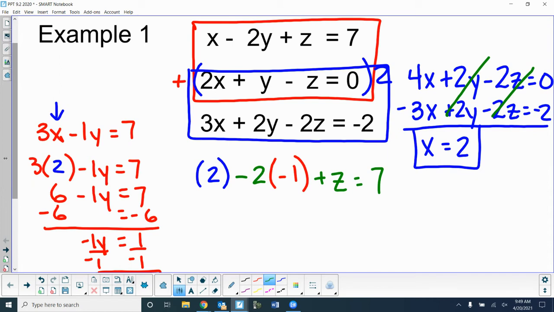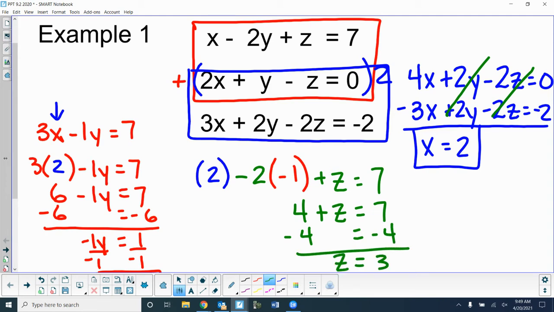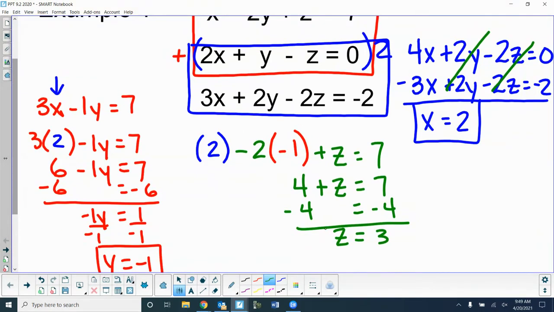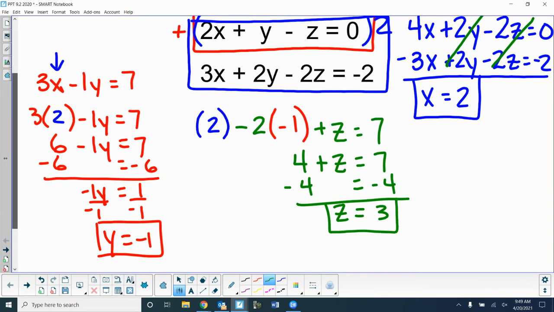So I got 2 plus 2, so that's going to be 4 plus Z equals 7. And subtract 4, and Z would be 3 then. So those are my 3 answers. X is 2, Y is -1, and Z would be 3.